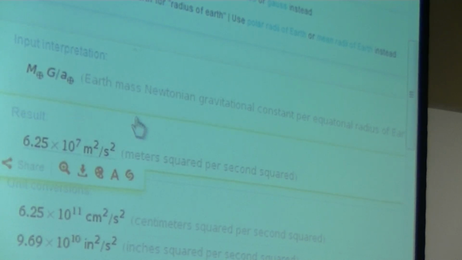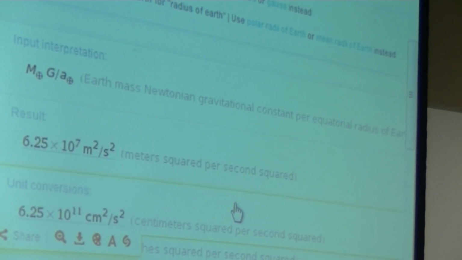So Earth mass. And what did they use for A? Equatorial radius. Mass.